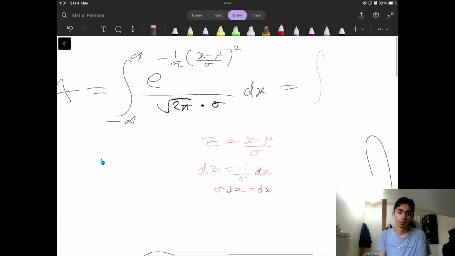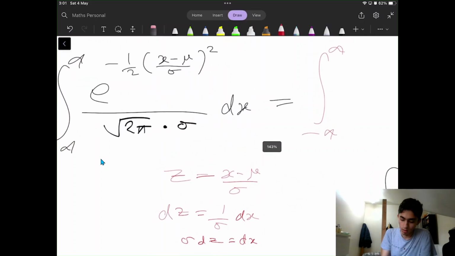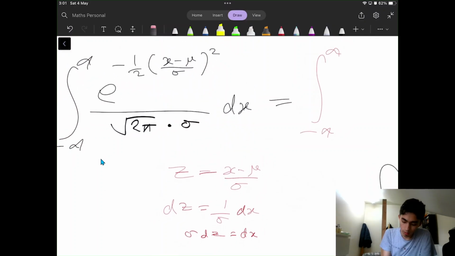So you're going to see the reason why the limits of integration don't change is because this sigma over here is always positive. It can't be 0 because you get something undefined. It's just the distance, how far spread the data of a sample are from a given mean, and the distance, that's just a magnitude, isn't it?